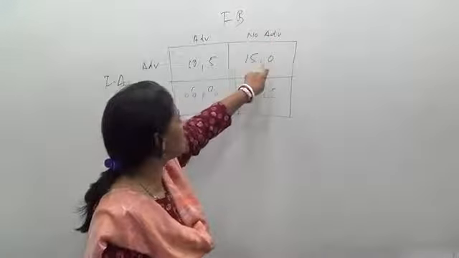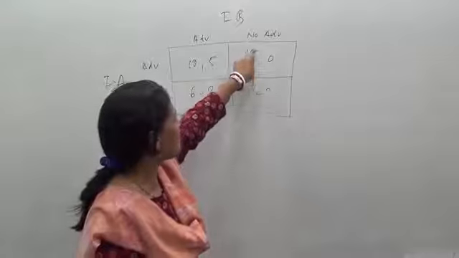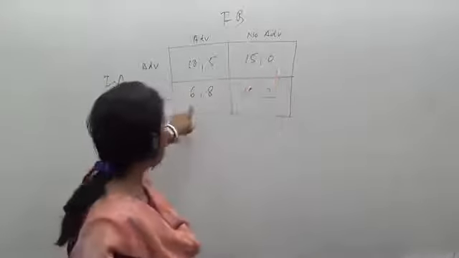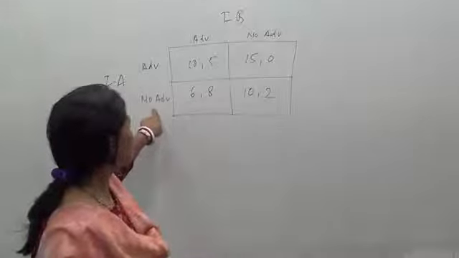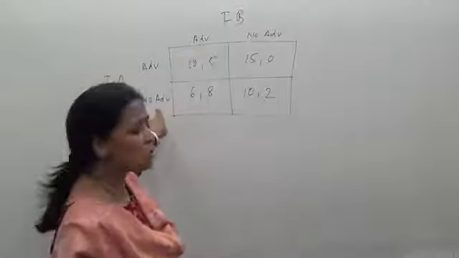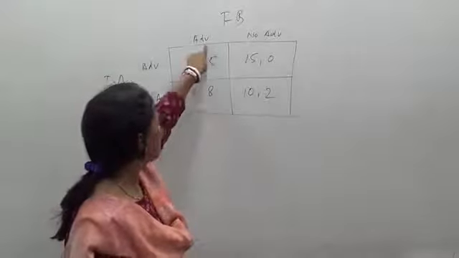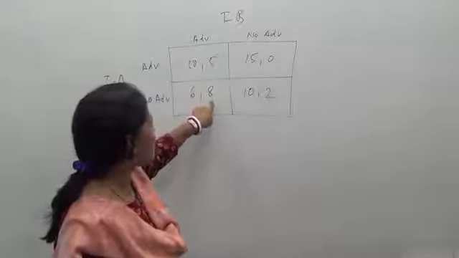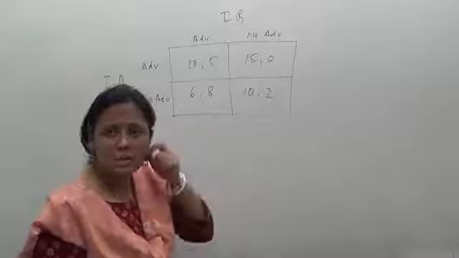Then A will be getting 15, and B, without advertisement, 0. Then in the second table, firm A going without advertisement gets a payoff of 6, and with advertisement gets 8. And if both parties go without advertisement, then it is 10 and 2.